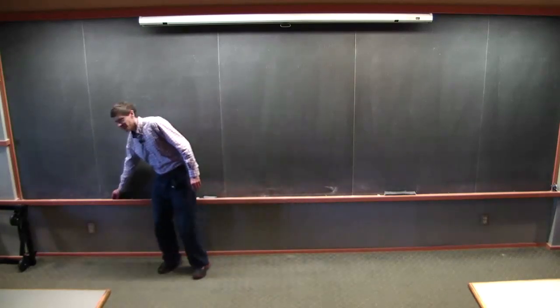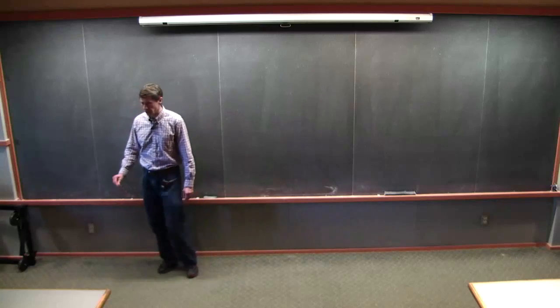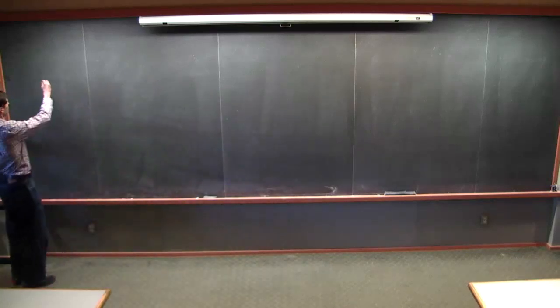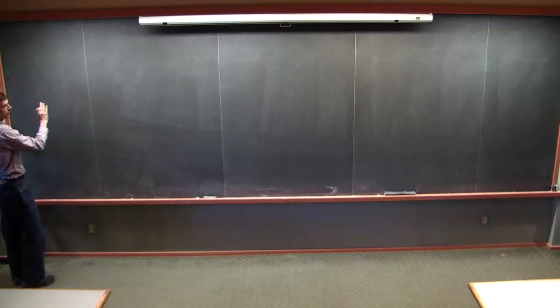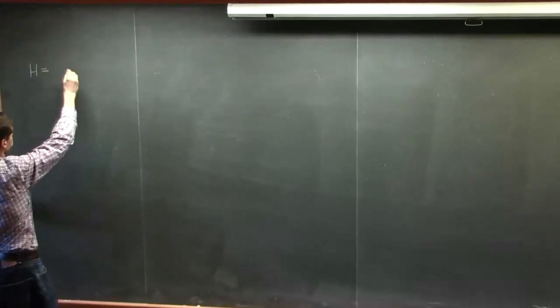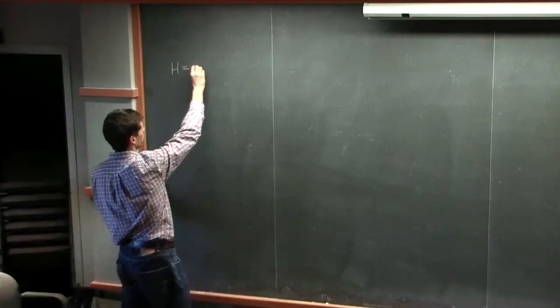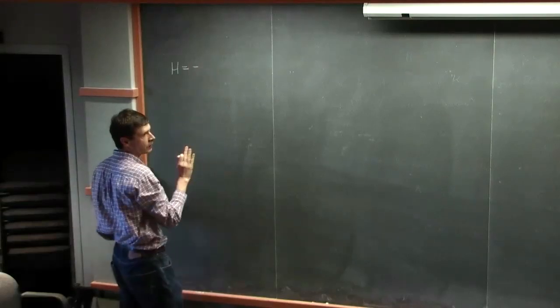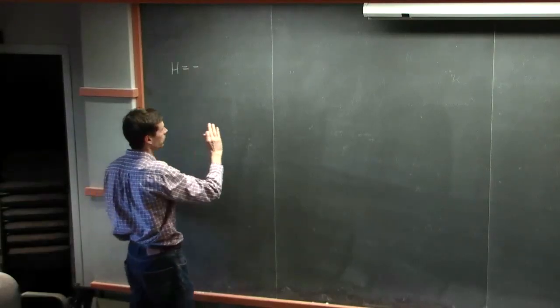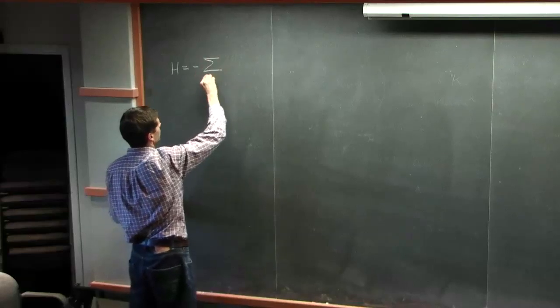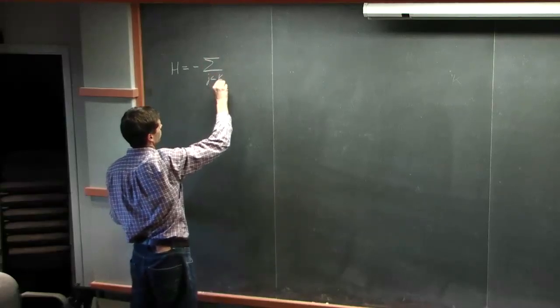So the first system is a spin system, and let me write a Hamiltonian. I should say from the beginning that it doesn't have an exact holographic correspondence, but it's still very similar to black holes.